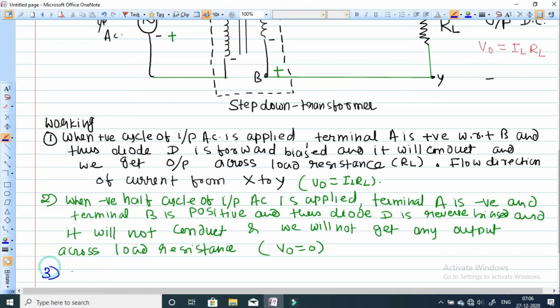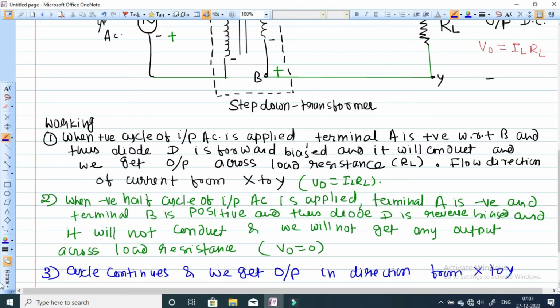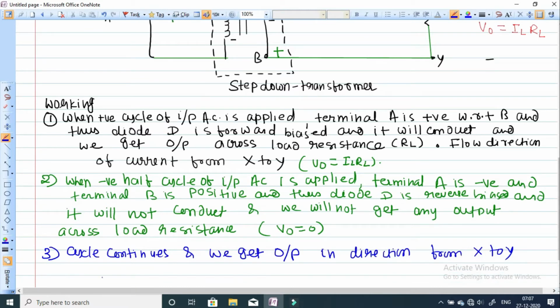The cycle continues and we get output in the direction from X to Y, meaning our current will flow from X to Y in a fixed direction only, in the positive half cycle of the input AC applied.